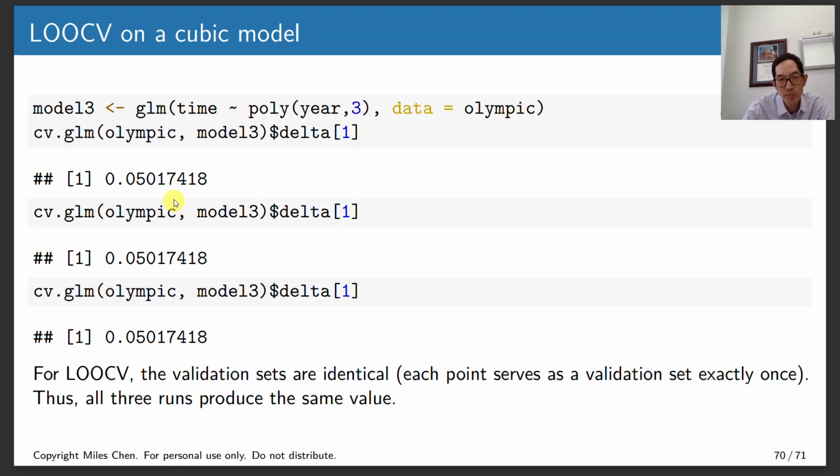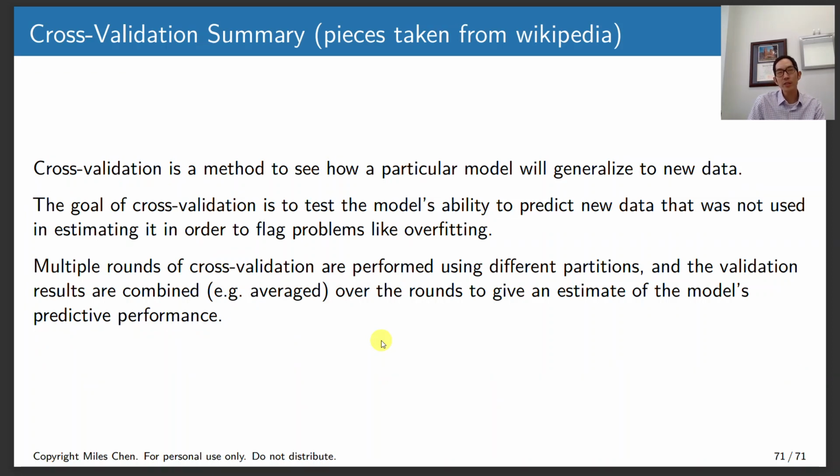There's no variation from run to run. But again, this is a lot more computationally expensive because we have to fit 28 models and calculate the error for every single data point. Okay, so that's how cross-validation works.